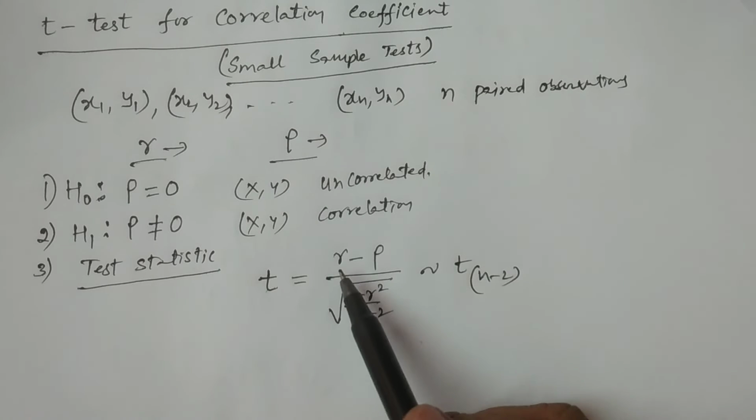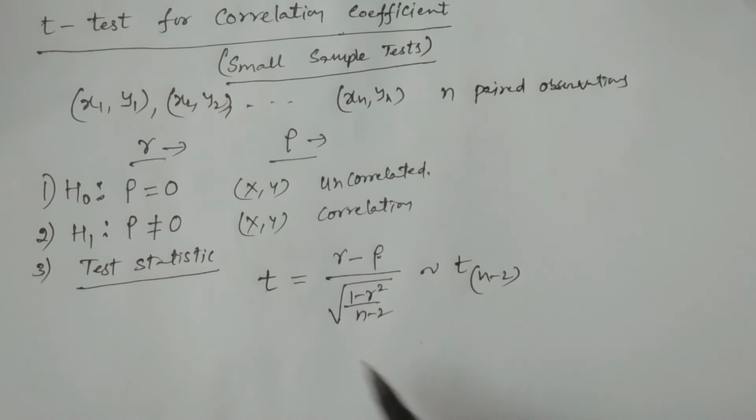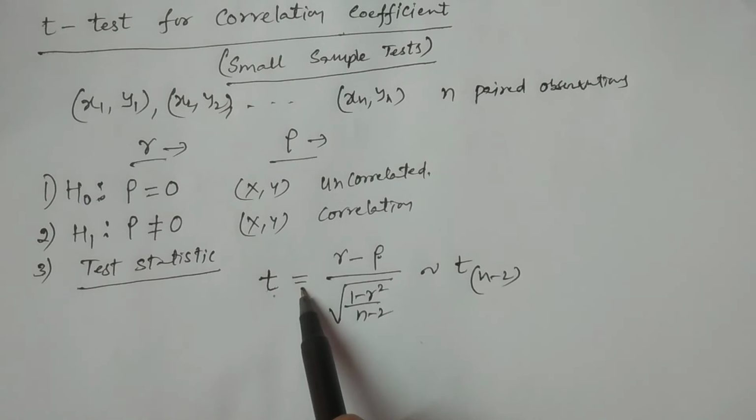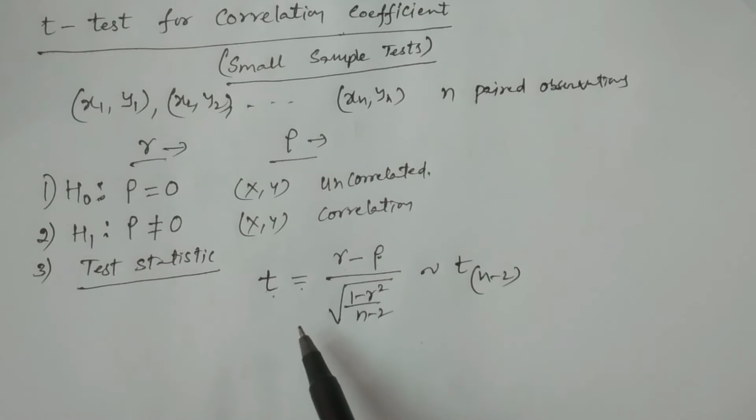Here the expectation of r is rho, that is the mean, and based on the distribution it is calculated from a standard normal variate divided by the square root of a chi square variate divided by its degrees of freedom.